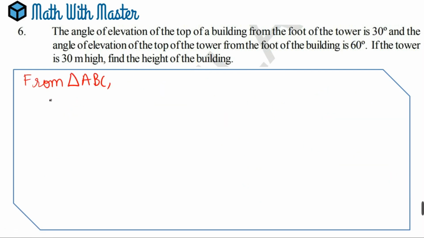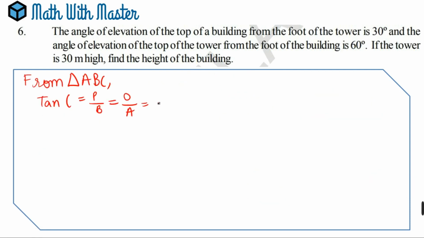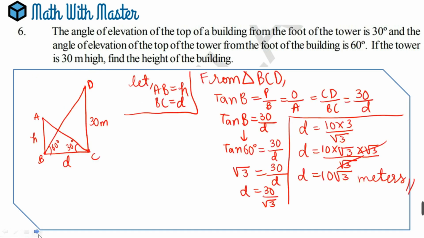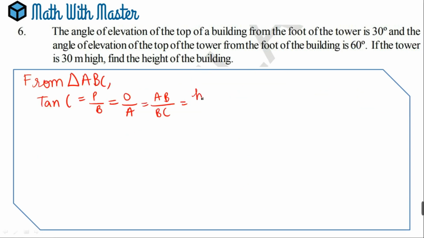So tan C here is equals to perpendicular upon base, which is opposite upon adjacent, which is AB upon BC, which is equals to, AB is H and BC is D. So what is the value of D?